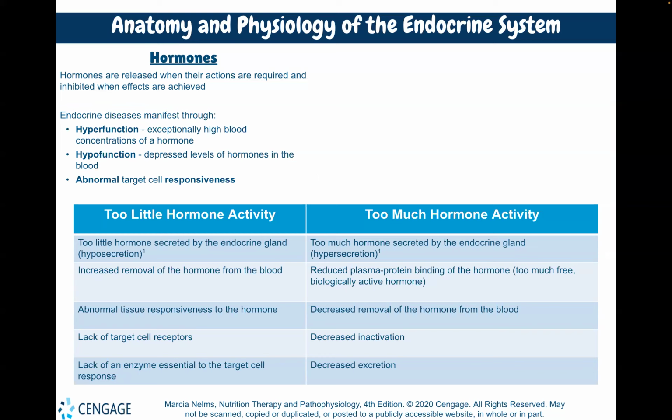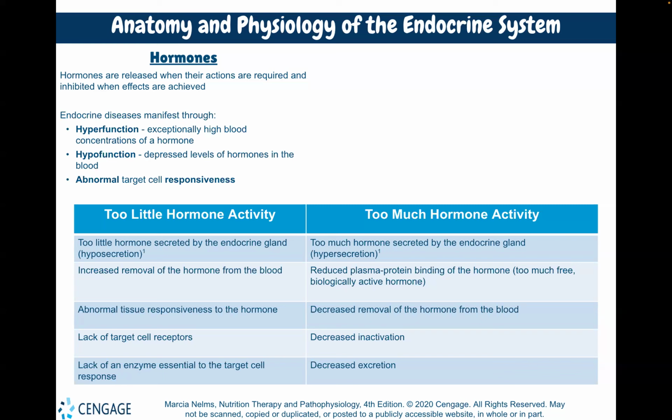Just like anything else in any other body system in the human body, we can have things working under threshold or over threshold, and that can be a hypofunction of an organ or hormone, or it can be a hyperfunction. So if we see hyperfunction, we're typically talking about a higher concentration of a hormone in the body, whereas hypofunction means that there are insufficient amounts of hormones in the blood.